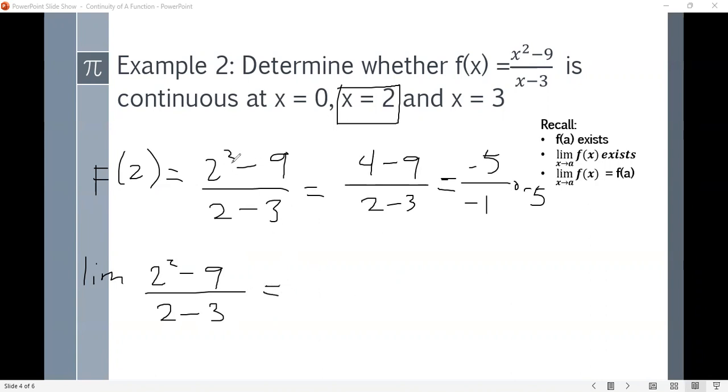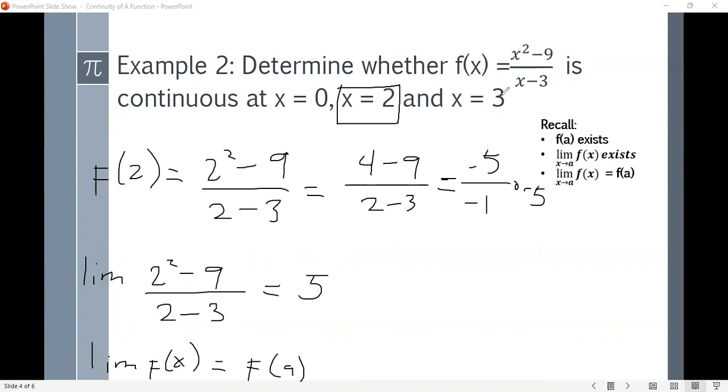So halos same na naman din yung process po ng ginawa ko sa f of a. So, is also equals din po siya kay 5. So, the limit of f of x is also equals to kay f of a. So, which means, na continuous pa rin si x squared minus 9 over x minus 3 at the given point na x is equals to 2.